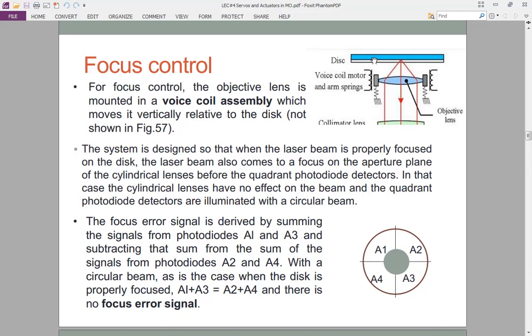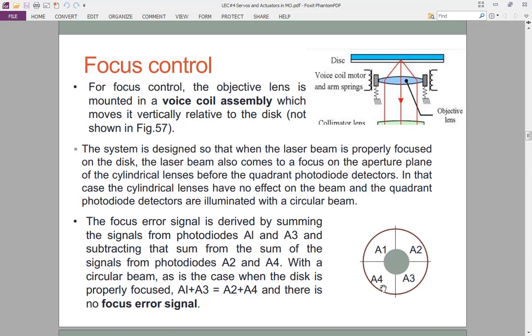If the disk position is maintained relative to the objective lens, if it is continuously 0.7 micrometers, then the photodetectors will have a spot at the center, and therefore the error signal will be 0.